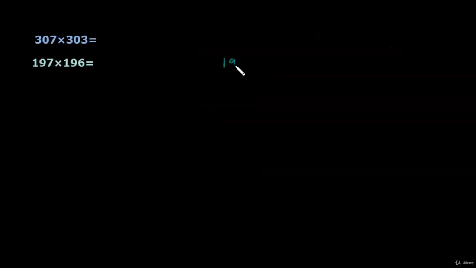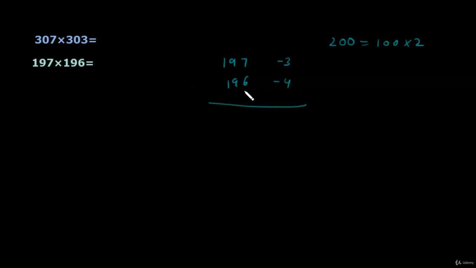Now let's see what happens when some number is smaller than the base. Here we are going to take the base 200 and we can write this as 100 times 2. So a sub multiple is involved. Now 197 is 3 less than 200 and 196 is 4 less than 200. So we can write the first part of the number either by subtracting 3 from 196 or 4 from 197.